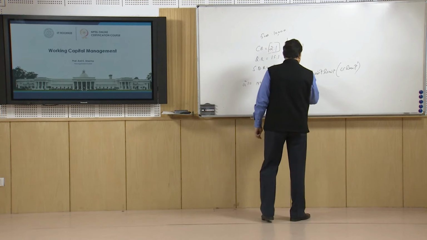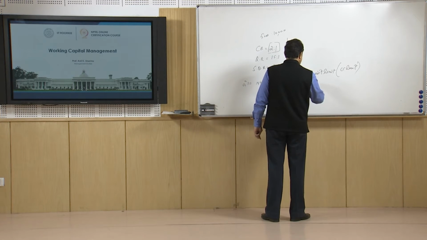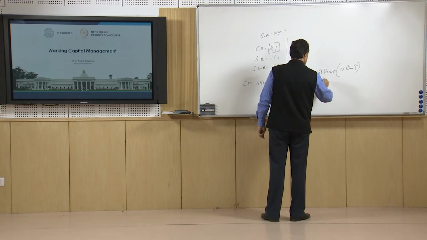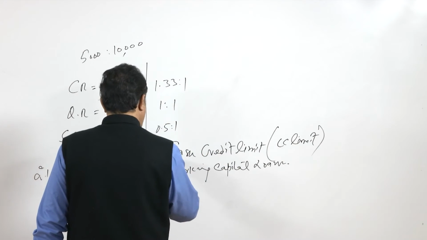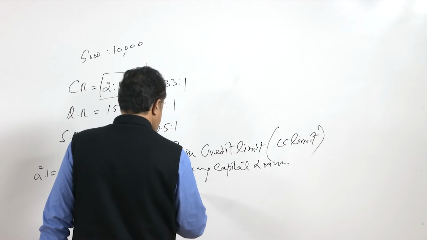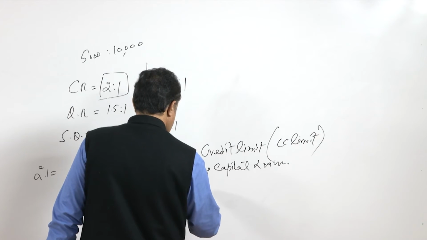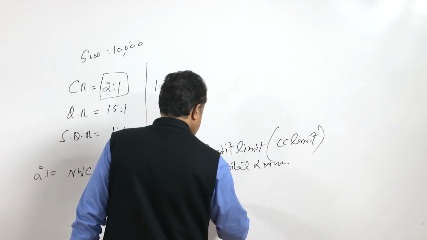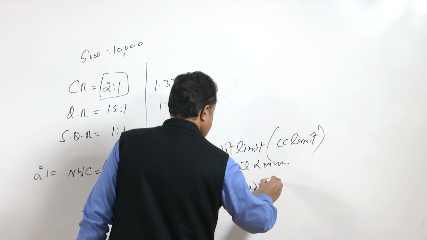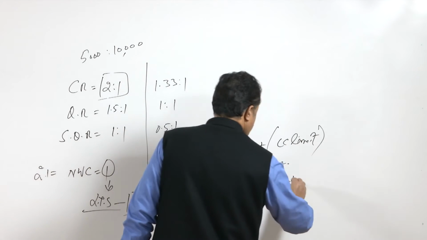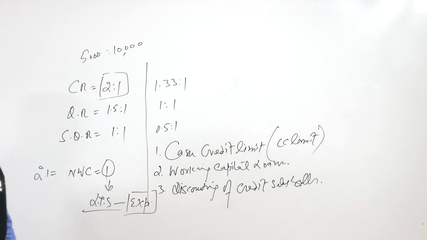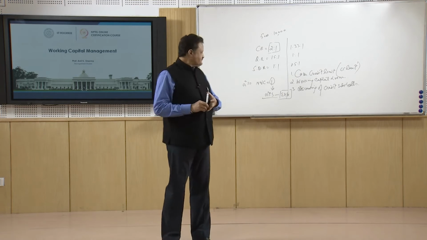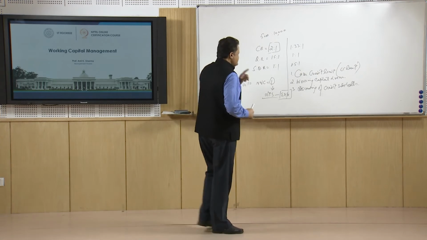Second is working capital loans. And third is discounting of credit sales bills. These are the 3 norms by which working capital finance is provided by the banks to the industry.